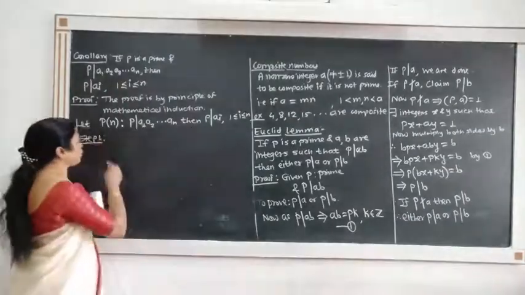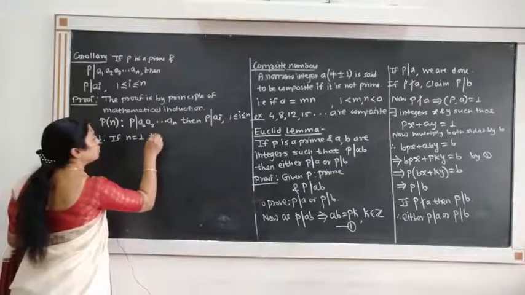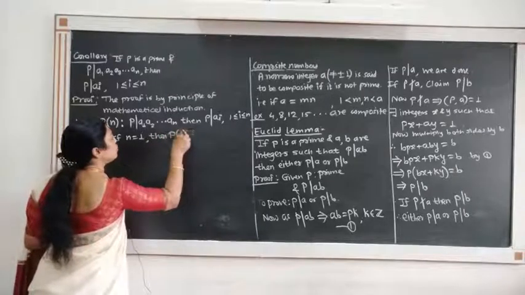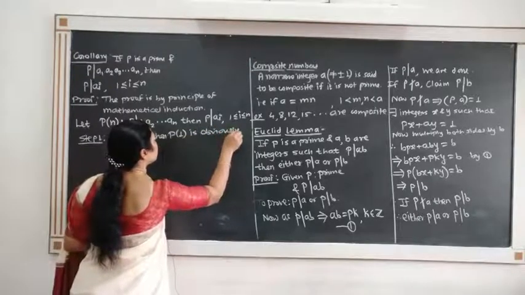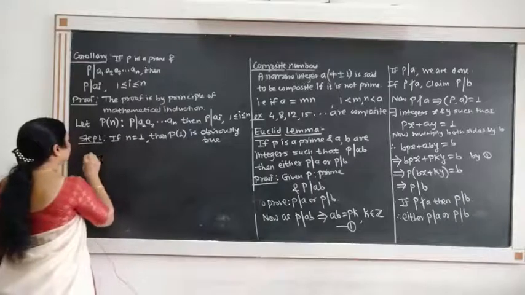We will take n equal to 2. If n is equal to 1, then P1 is obviously true. So take n equal to 2.